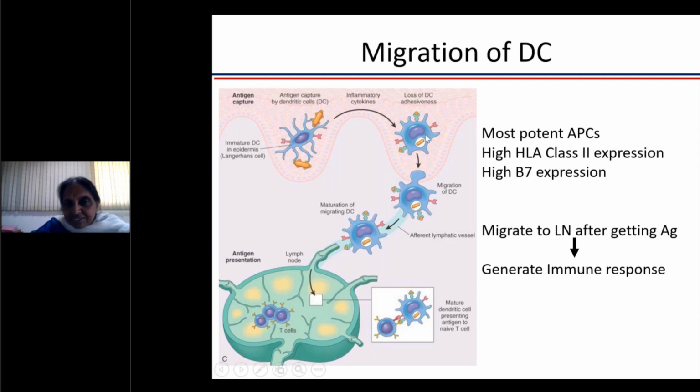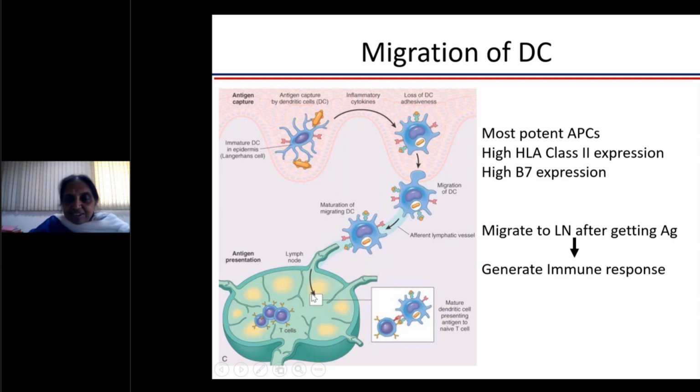Then it migrates into the lymphatics, and during this migration process, this antigen presenting cell or dendritic cell matures. Maturation means it starts expressing more class II antigen and more co-stimulatory molecules, while the capacity to take up antigen or to phagocytose goes down because that process has already happened.